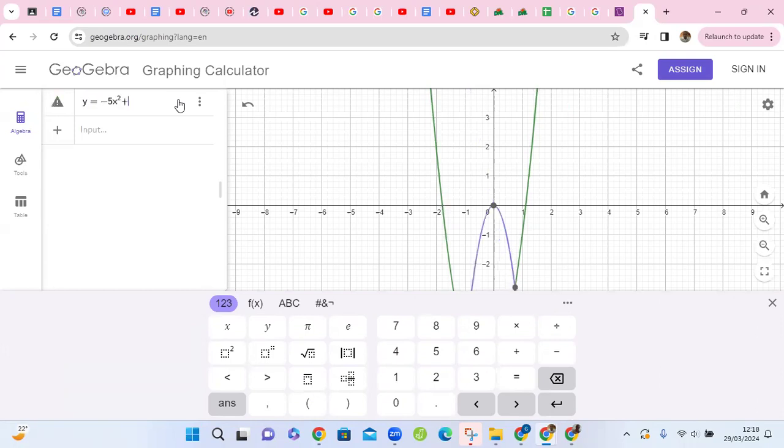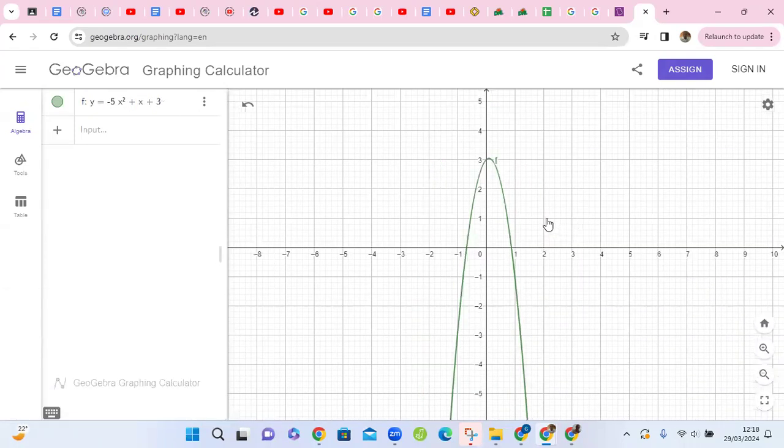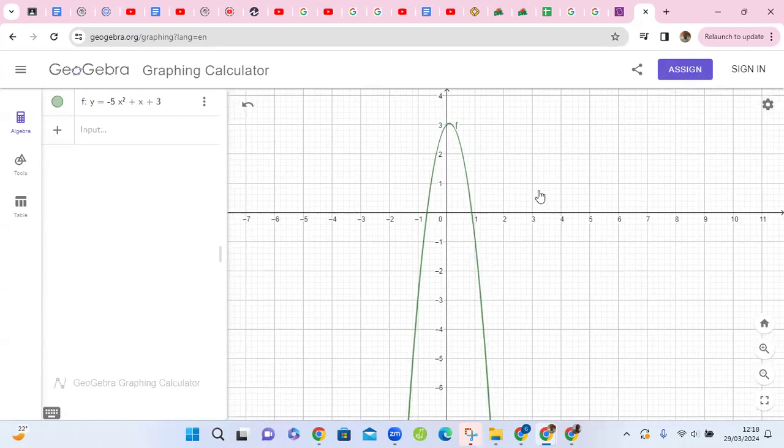So now we've got an N-shaped parabola, which has a maximum point.